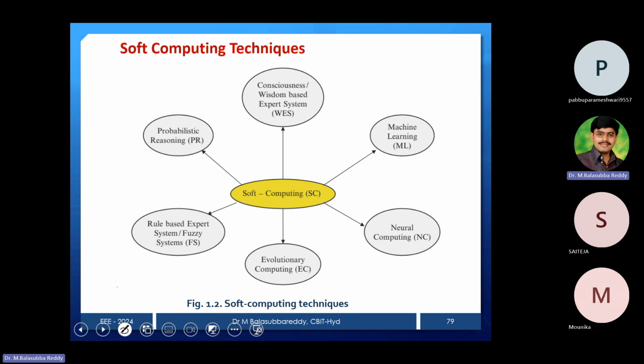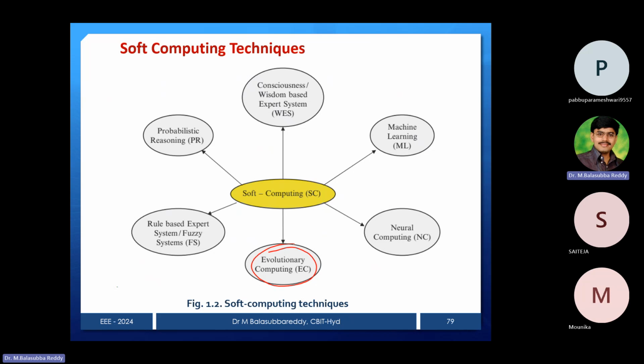There is evolutionary computing, which we call EC, and machine learning is there, neural network is there, or artificial neural network, or simply neural network, and fuzzy systems are there. Probabilistic reasoning, that is PR. And another one you can see here, wisdom based expert system, WES. So these are some of the soft computing techniques.